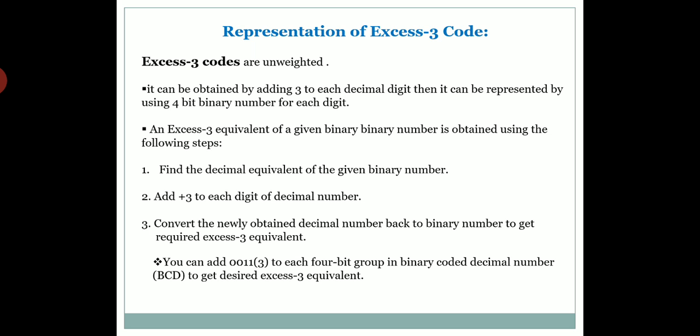Note, you can add 0011, that means decimal value of 3, to each 4-bit group in the binary coded decimal number (BCD) to get the desired XS3 code.